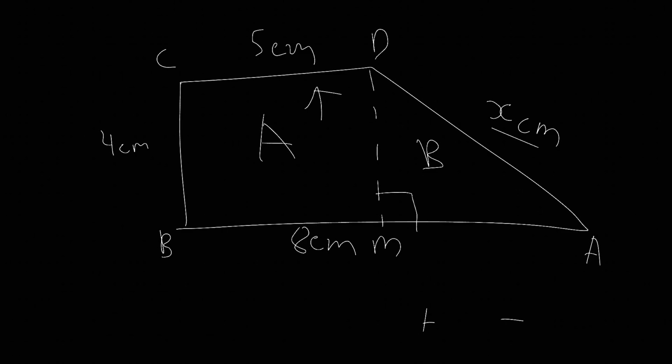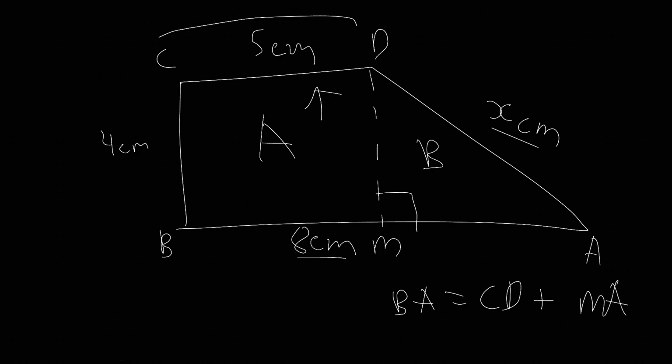So BA, which is 8 centimeters over here, is equal to CD, which is 5, plus MA. So MA is just BA minus CD. So it's just 8 minus 5, which gives me 3. So MA over here is 3.